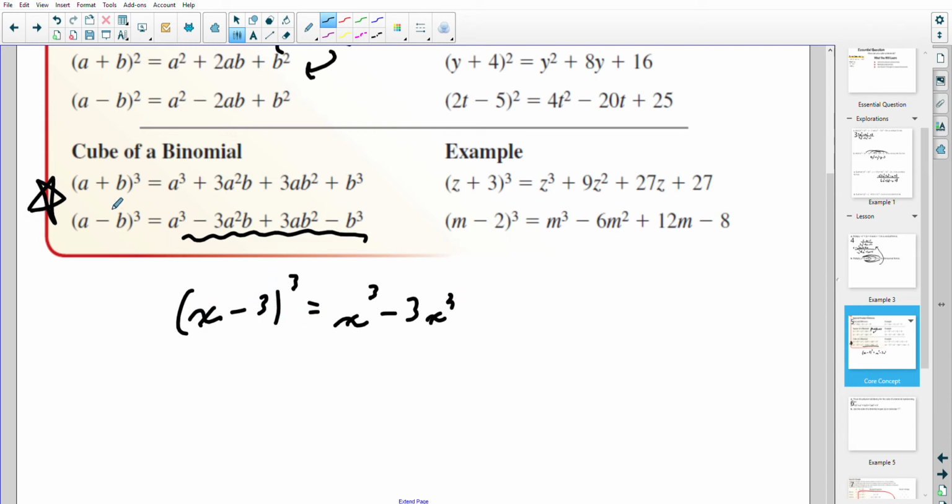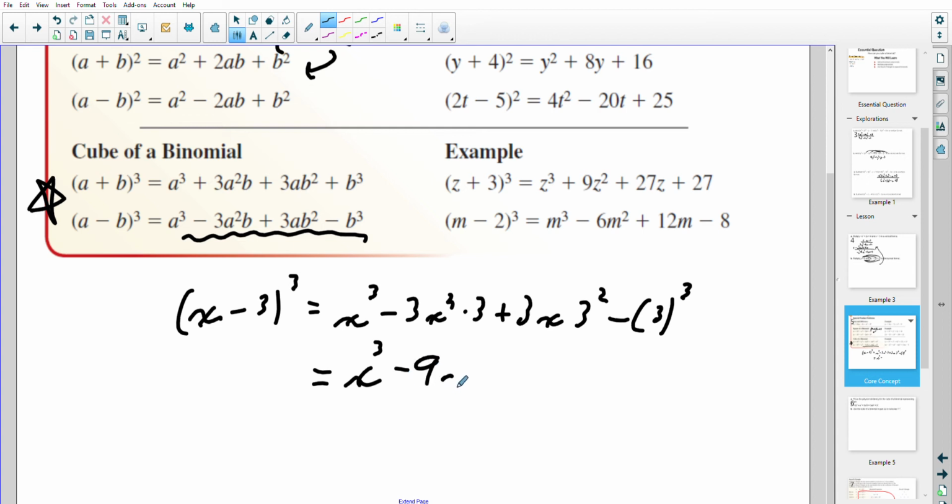B is 3 because you have that negative sign, so b is 3. And so it's going to be x squared times 3 plus 3x 3 squared minus 3 cubed. So this becomes x cubed minus 9x squared plus 9 times 3 is 27x minus 27.